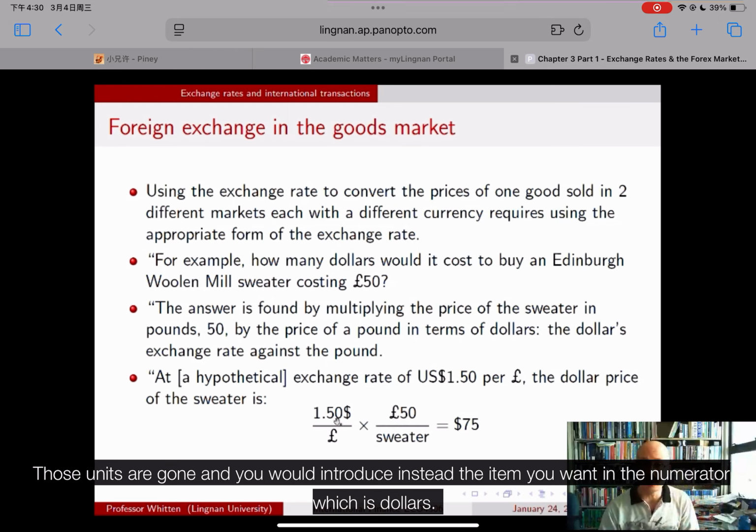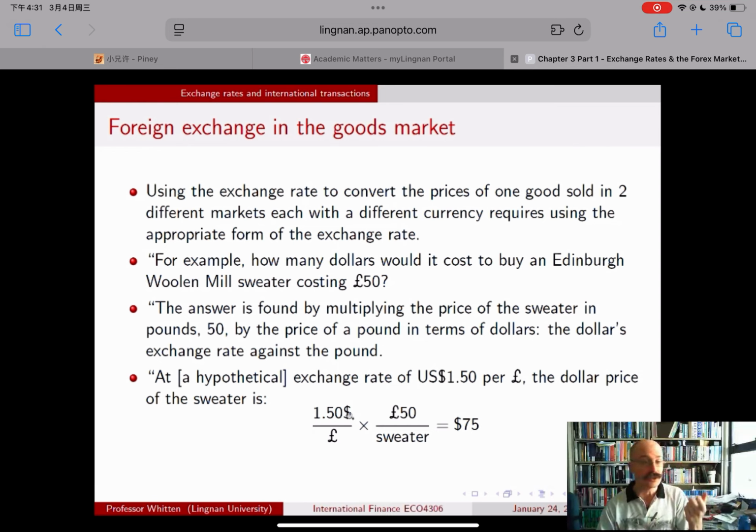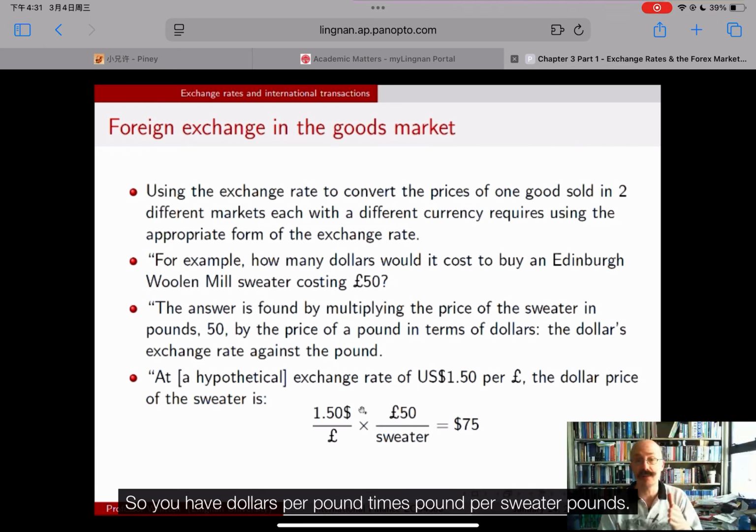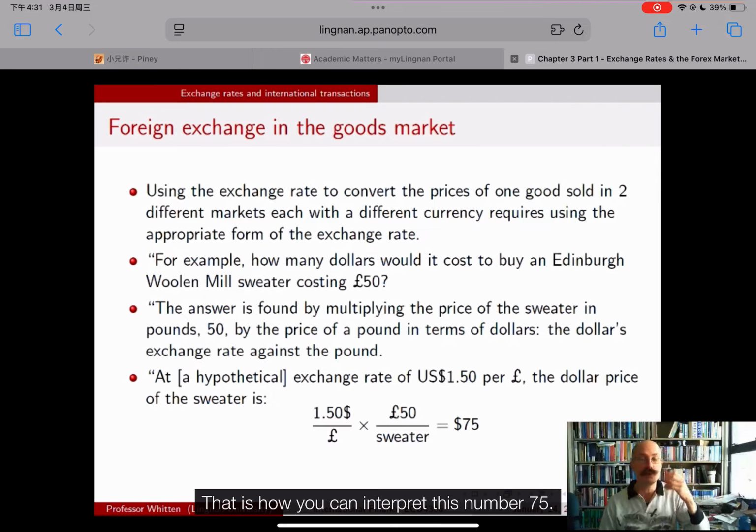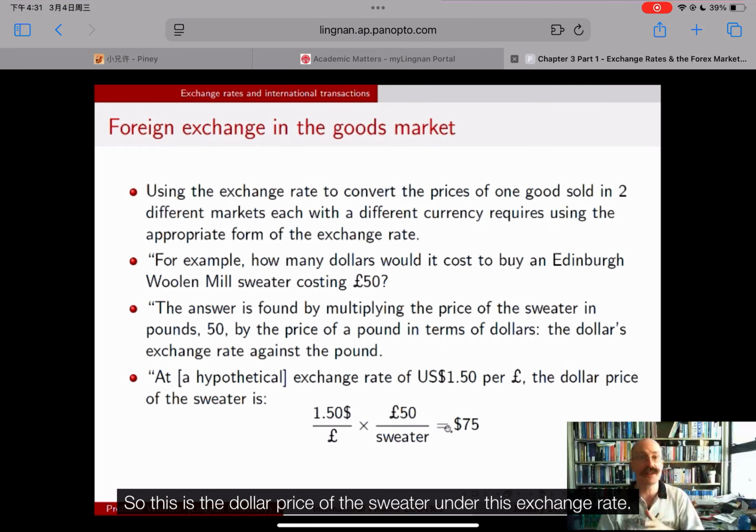And you would introduce instead the item you want in the numerator, which is dollars. So you have dollars per pound times pound per sweater. Pounds divide out, you get dollars per sweater. That is the remaining units. That is how you can interpret this number, 75. So this is the dollar price of the sweater under this exchange rate.